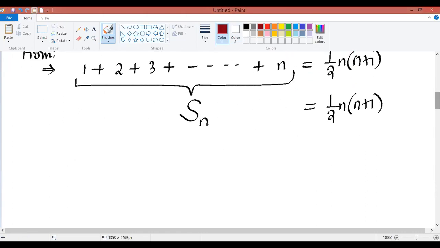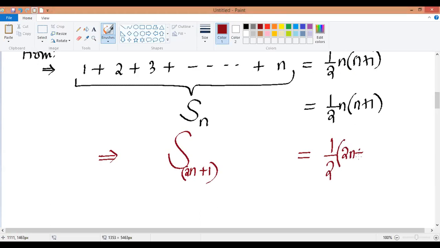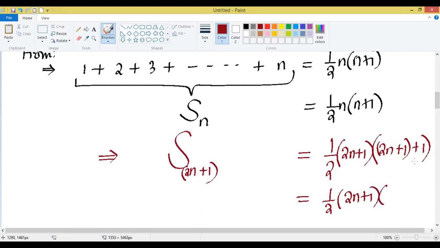So what do I do? It's a matter of substitution. So this implies that the one I want, which is the sum of 2n plus 1 terms, will equal this very one, but when n takes up a new position, 2n plus 1 into 2n plus 1, but there is a 1 waiting. So that becomes a half into 2n plus 1, open brackets, you get 2n plus 2.